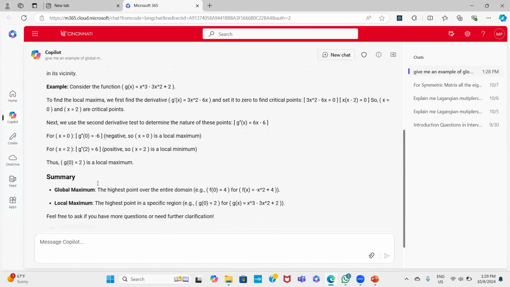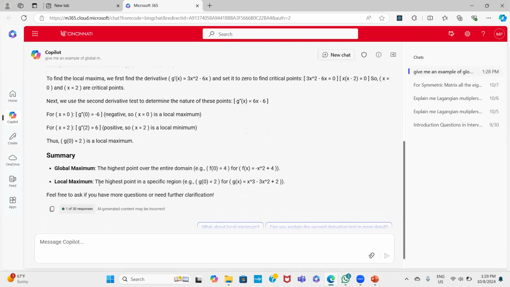Of 0 is equal to 4. These two are local minimums.